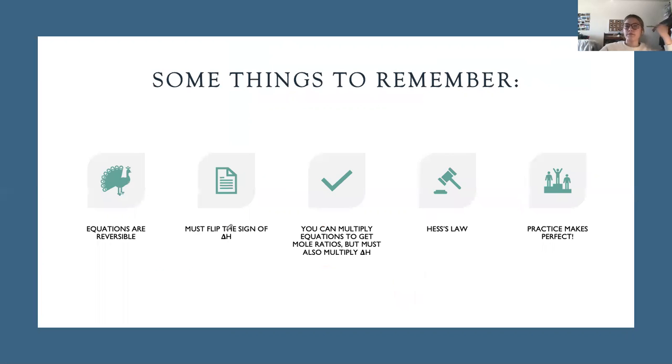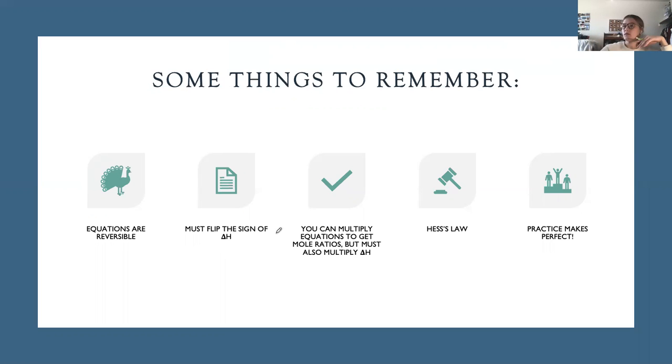All right, so that's basically the end of what I have. Some things to remember: equations are reversible, and when you reverse one, you have to flip the sign of delta H. That's very important. It's easy to get confused, but it could help to think about whether a process is endothermic or exothermic.